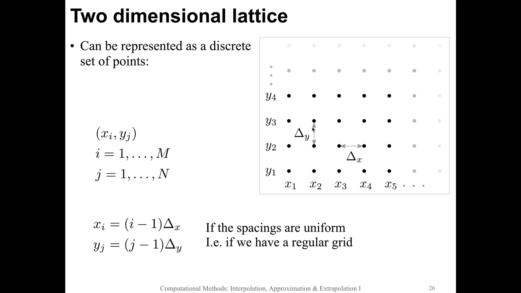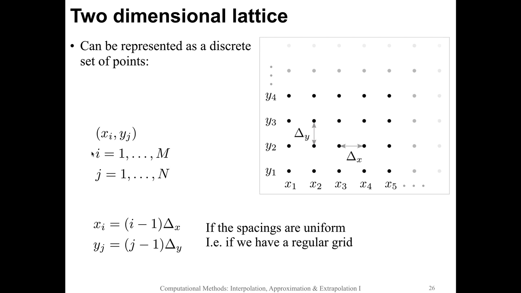Any single individual point will obviously have 2 coordinates that we need to specify to determine its location. For example, this point here is determined by x4 and y3. In general, the coordinates of any point will be given by xi and yj, where i and j can independently range from 1 up to however many elements we have along each dimension.